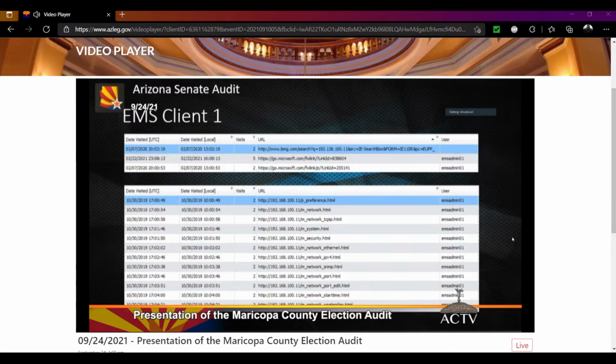Now, we have not received any information about any wireless LAN configurations, but yet here you have someone accessing it from the EMS client to access what I can only surmise was a wireless LAN configurator on that date. And you can see that the EMS admin 01 account was used for that.